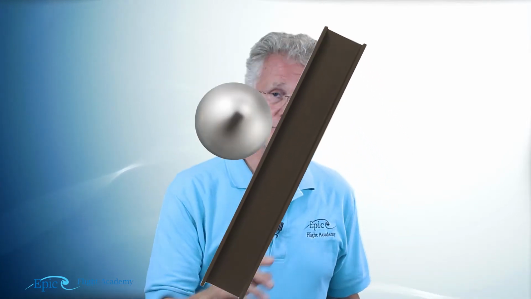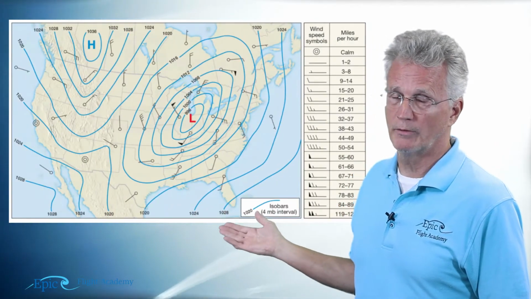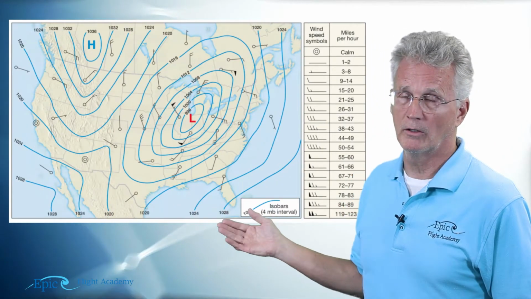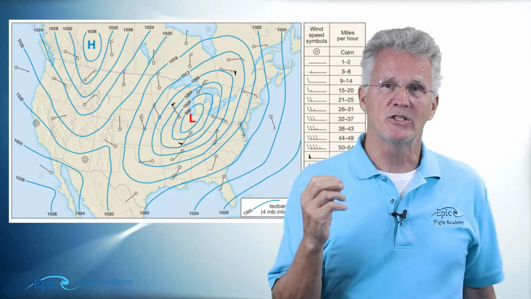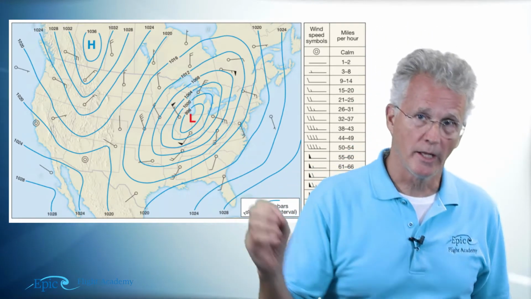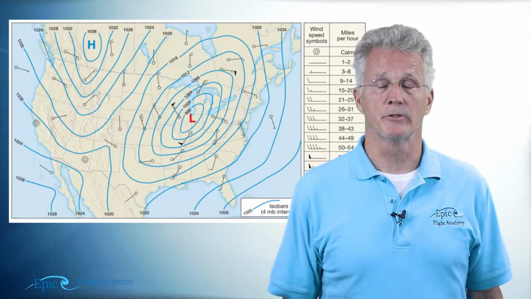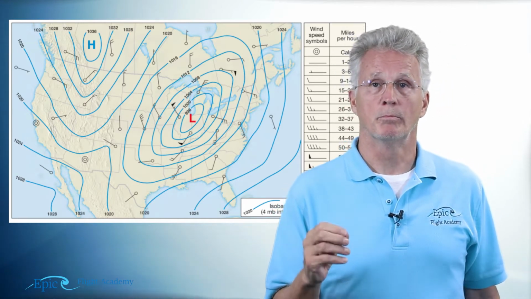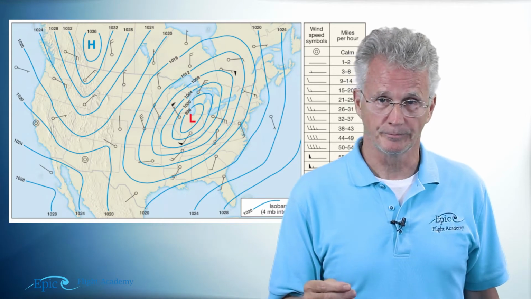Now, the steeper the incline on that plate, the faster that ball rolls. A steeper incline on that plate would be like a greater pressure difference between high and low, and that would be a steeper pressure gradient force. So just like that steel ball took off faster, the wind will blow stronger.